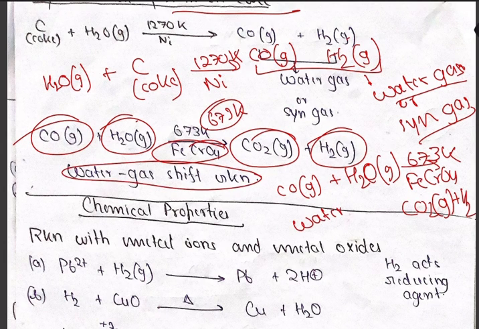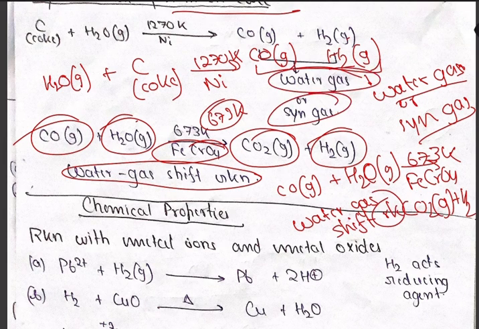That means from water gas or syn gas we take the CO and react it once again with steam in the presence of FeCrO4, and we get CO2 and H2.